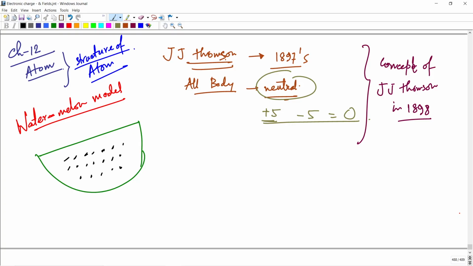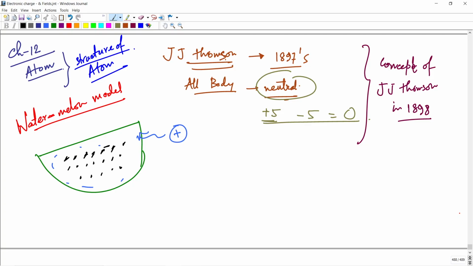These seeds are perfectly placed in the structure, like the seeds of a watermelon. These are the electrons, the negative charge, and this model is called the plum pudding model.